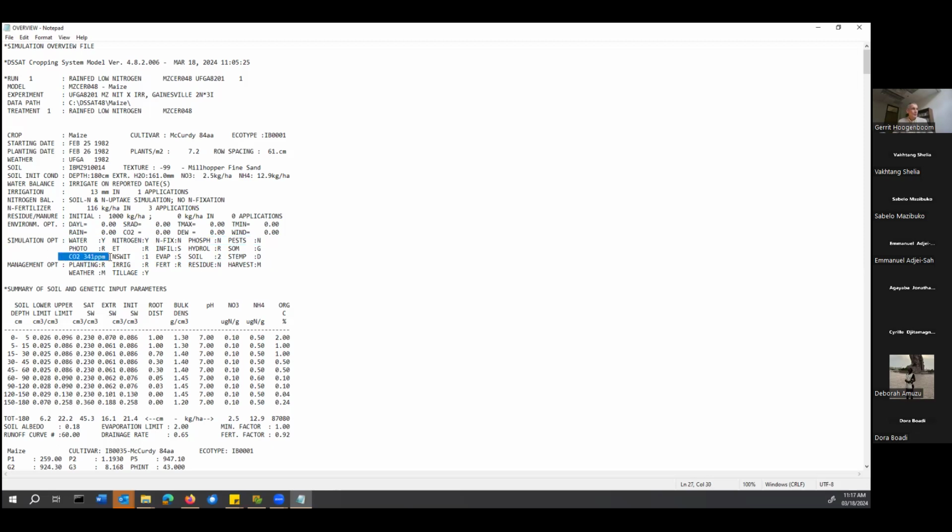With respect to CO2, this is also extremely important because we know that as of today, we're probably close to 410 parts per million, and CO2 has a significant impact on crop growth, and especially yield. So we have an external input file based on CO2 conditions that are measured at Mauna Loa.